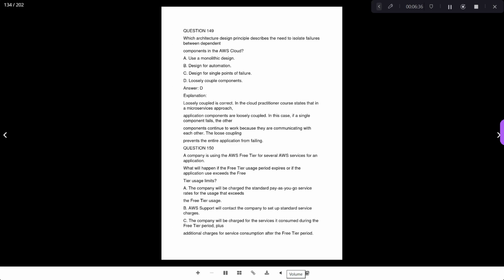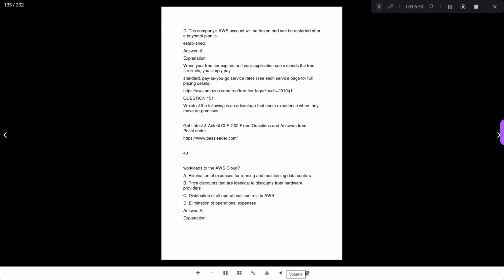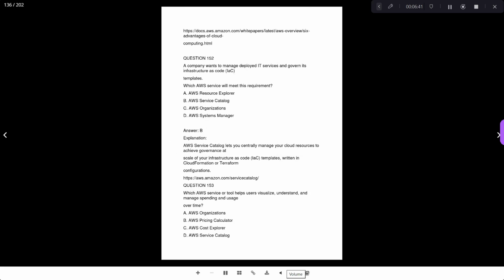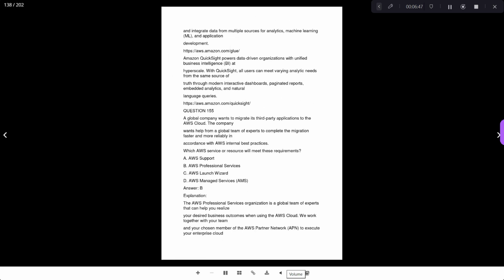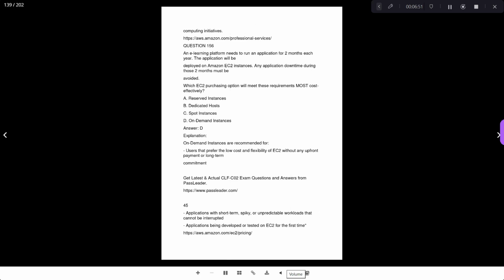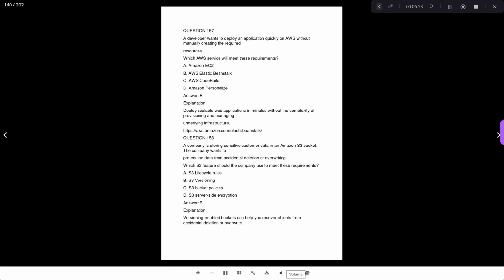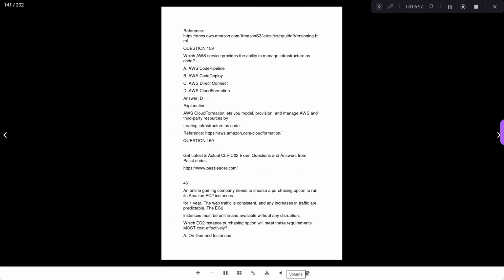Question 36. Disaster recovery for Aurora. Scenario: ensuring DR for an Aurora MySQL cluster with RPO of 5 minutes. Correct answer: convert the Aurora cluster to an Aurora Global Database. Concept: using Aurora Global Database for low RPO and RTO targets.